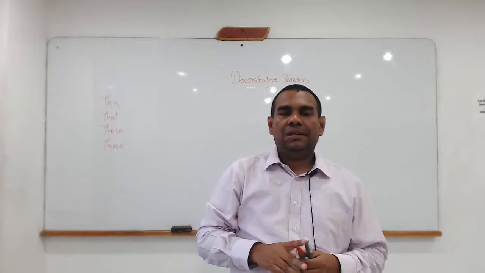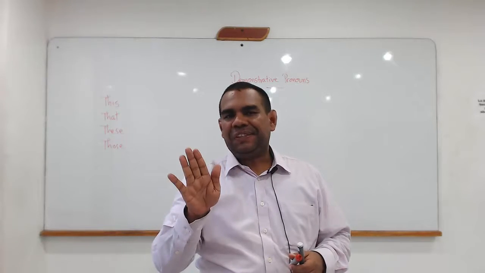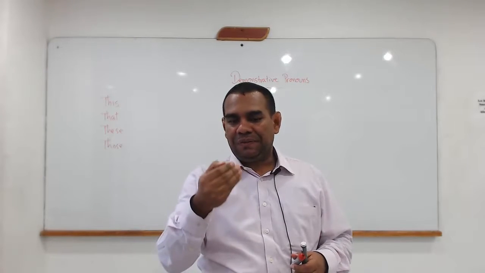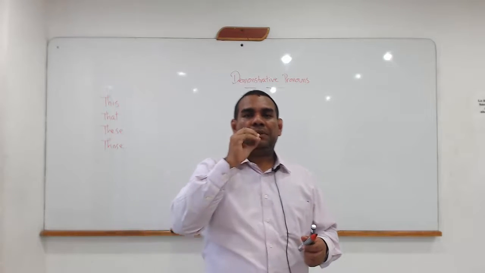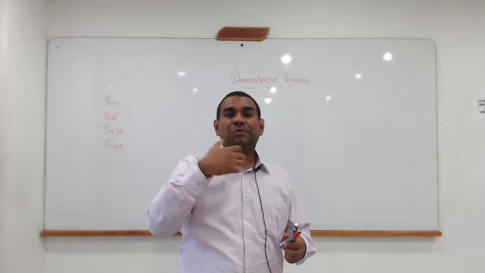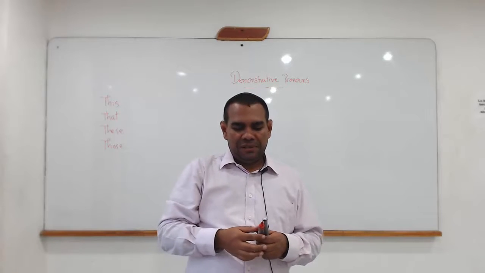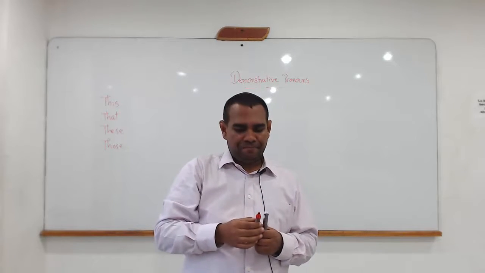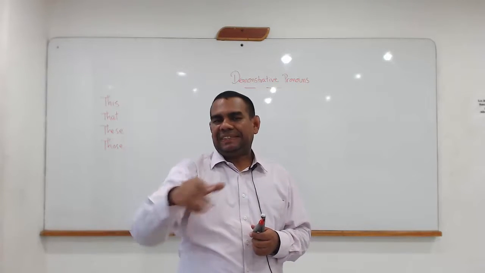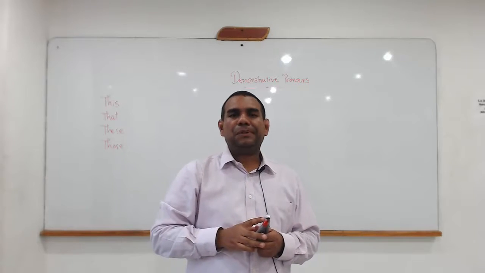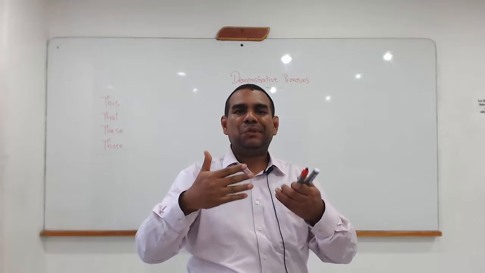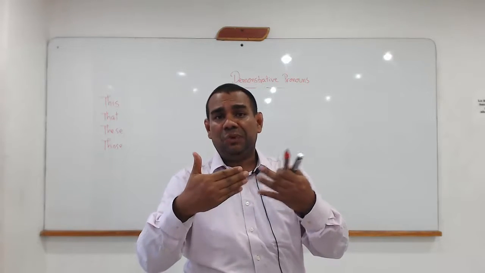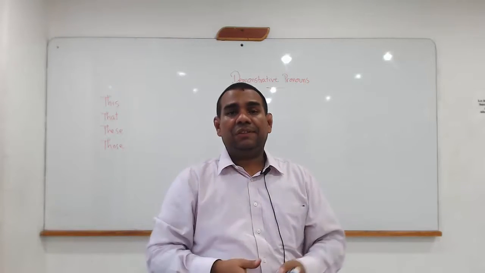Okay, whenever we are using them to refer to things, the idea is going to be represented in terms of place. For example, this is a marker, and that is a chair. We're talking in terms of how near or how far we are from the things we are referring to.